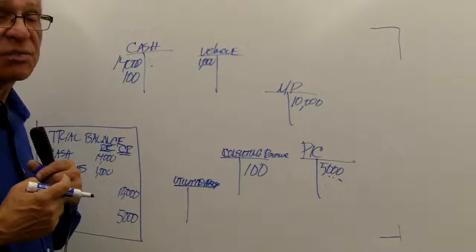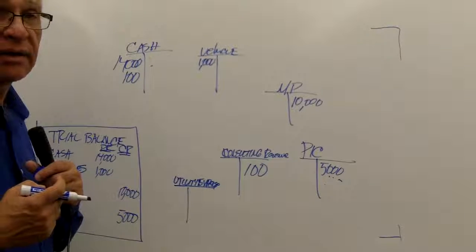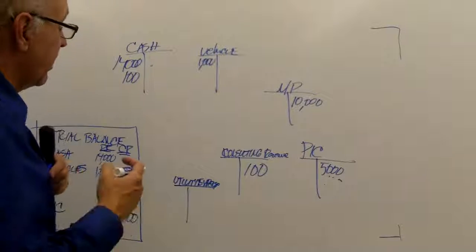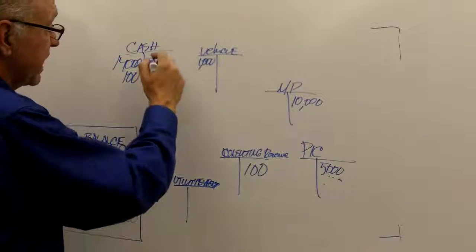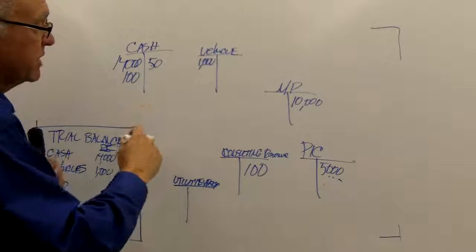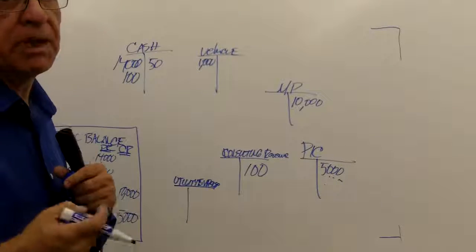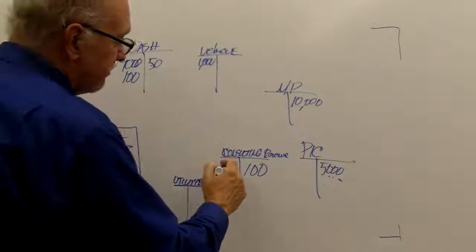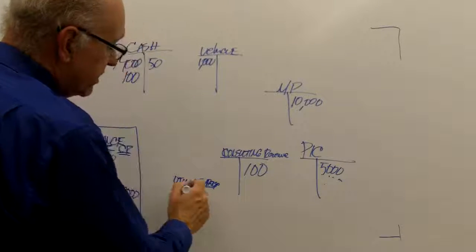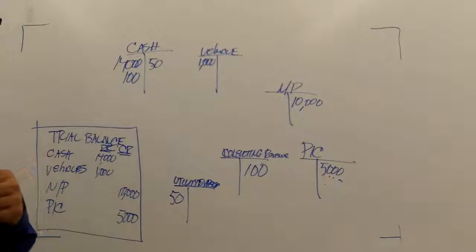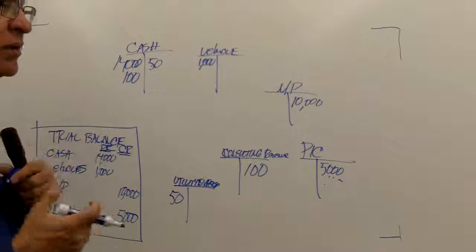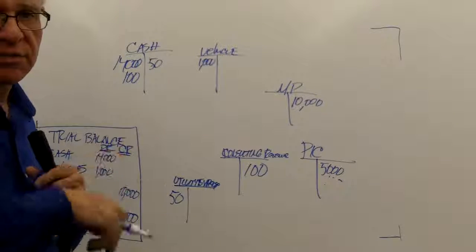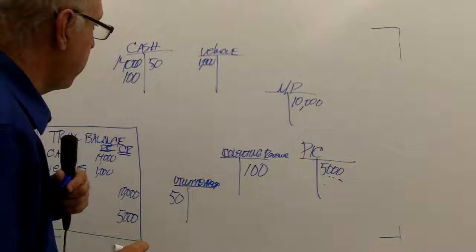I pay the expense of my electricity. That immediately decreases cash. So I'm going to decrease cash $50, and I am going to debit utilities expense. Because this is an expense account, it behaves like equity. I debit it, which will ultimately bring down equity.